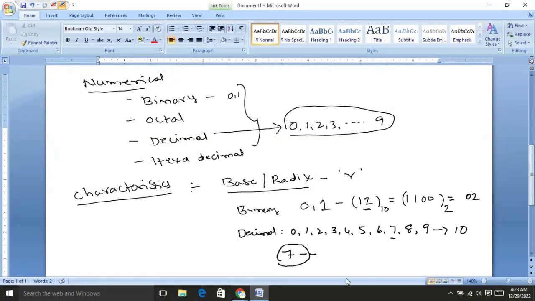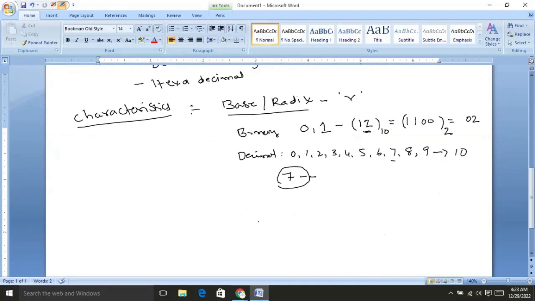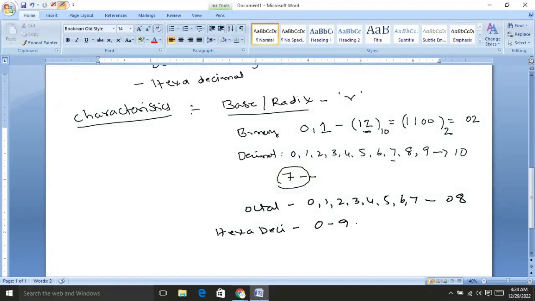In the binary system, how many symbols? Just two symbols. In the same way, the octal number system has 8 symbols: 0, 1, 2, 3, 4, 5, 6, 7. Totally 8 symbols. The hexadecimal number system has totally 16 symbols: 0 to 9, here 10 symbols are there, and A, B, C, D, E, F, here 6 symbols are there.